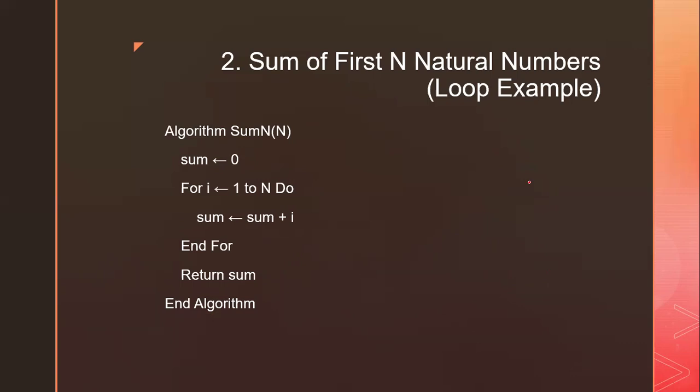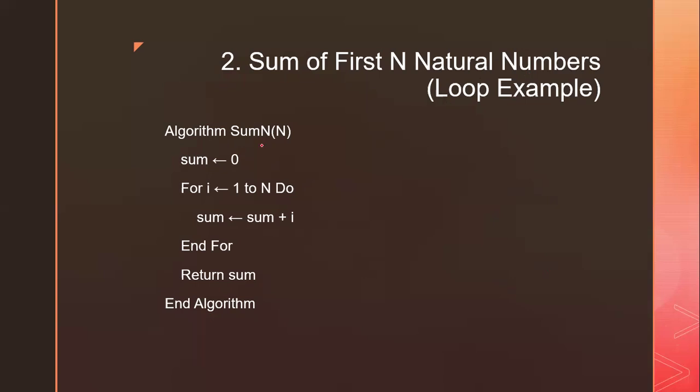Next up, we have this other algorithm here, and you see that the notation is a little bit different. Here we have the sum of the first n natural numbers. This is an example of a loop.